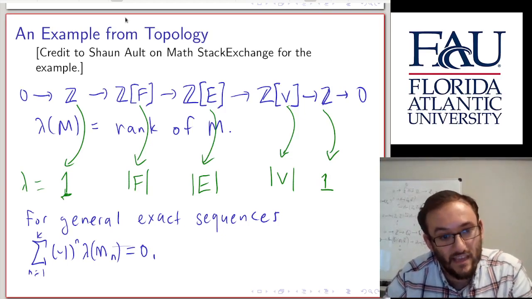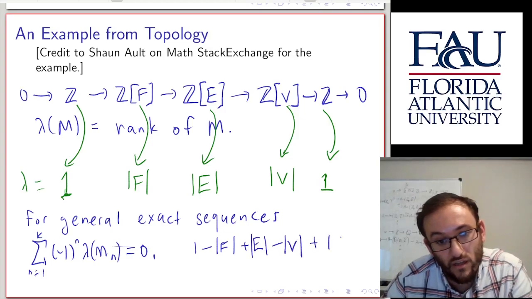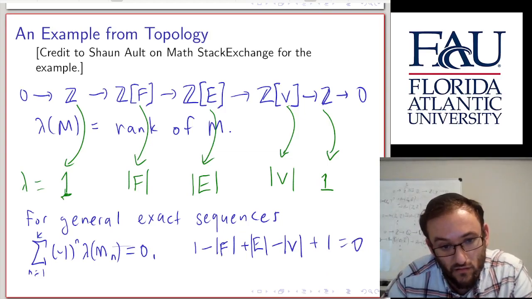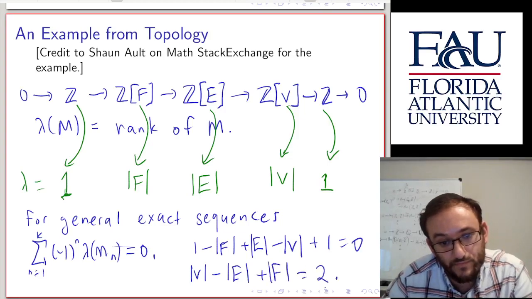So for us, what does that mean? It means we have 1 minus f plus e minus v plus 1 equals 0. And rearranging, this means that v minus e plus f equals 2.